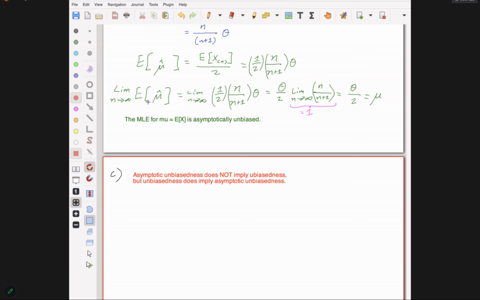Now, looking at mu hat, would we say that mu hat is unbiased? What would you say about that? Yes, because it's equal to mu.